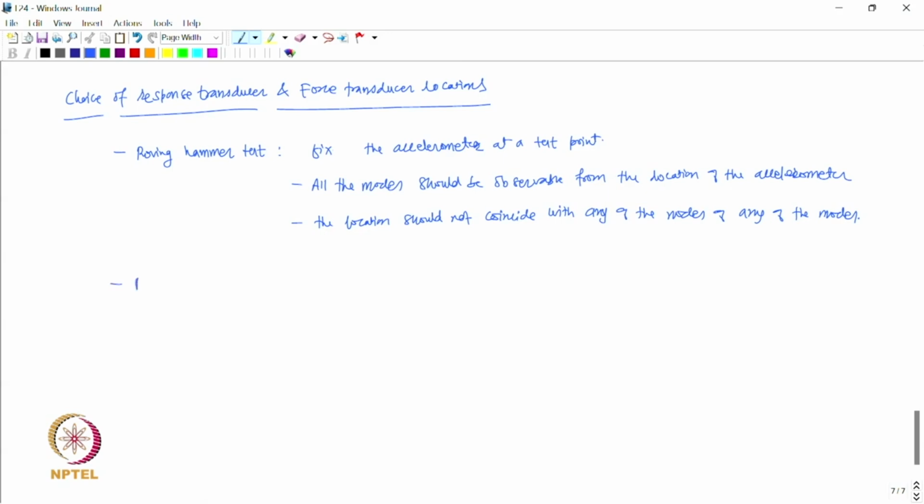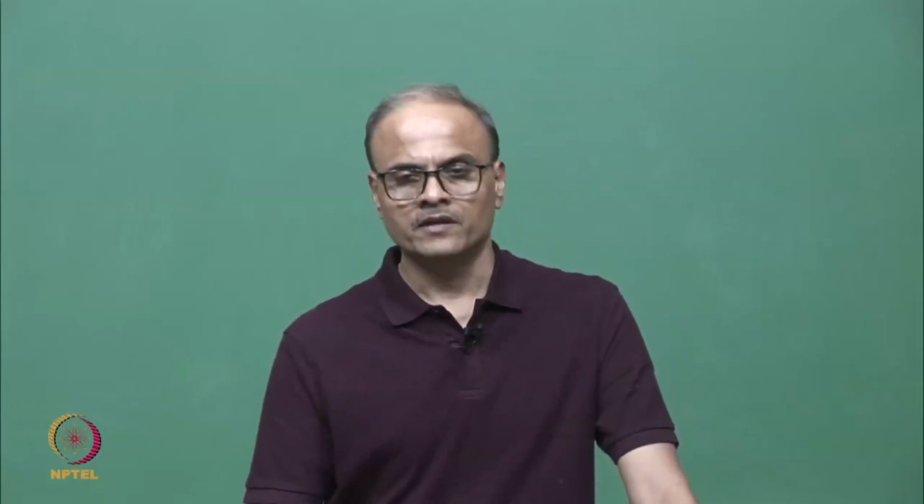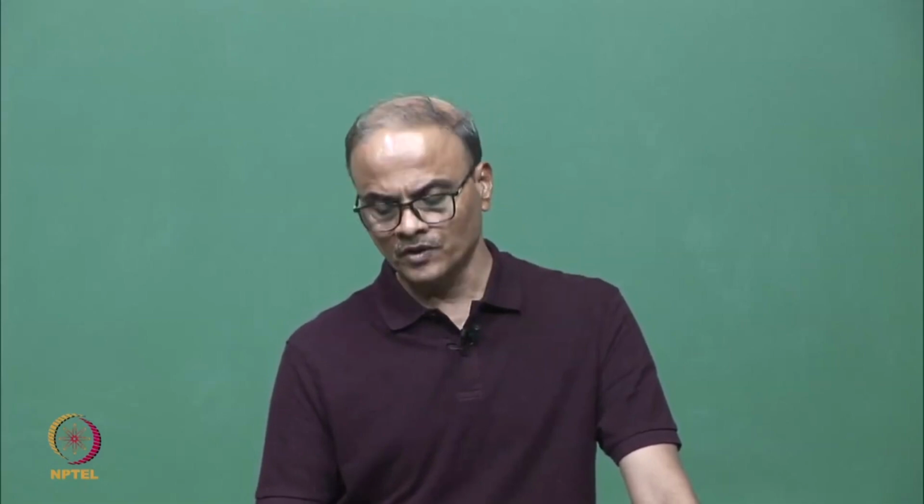Similarly, in a roving accelerometer test, the excitation point is fixed, and therefore here all the modes should be excitable from this point. And again the principle is that this location should not coincide with any of the nodes of any of the modes.